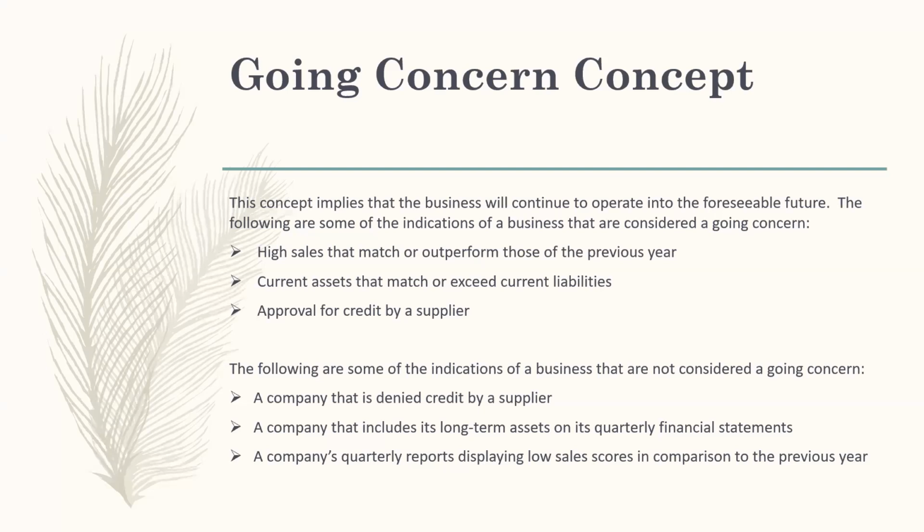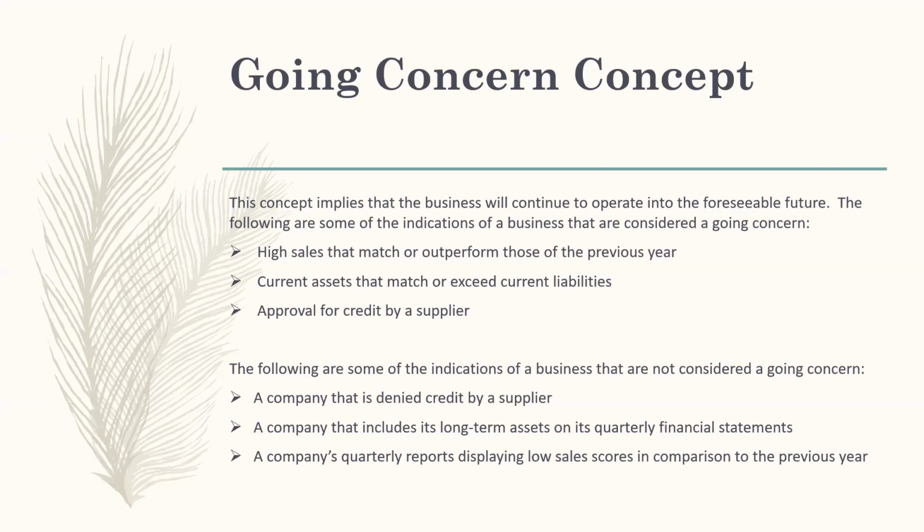An example of a current liability is a short-term loan. If your current assets exceed your current liabilities, that's a clear indication that you have enough cash to cover your liabilities.